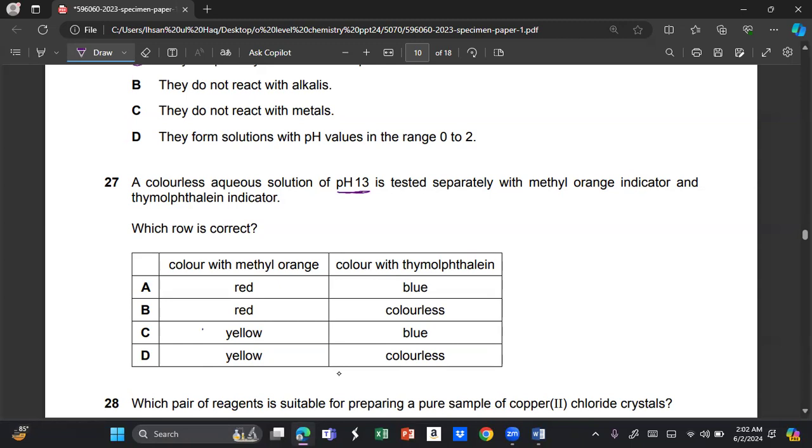We can reject options A and B because there is no yellow color here. Methyl orange always gives yellow color in base. This is the first evidence. So we can go for options C and D. In this case, keep in mind thymolphthalein gives blue color in alkali, so it is correct. Option C is 100% correct. You understand?